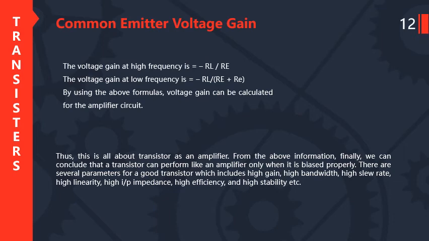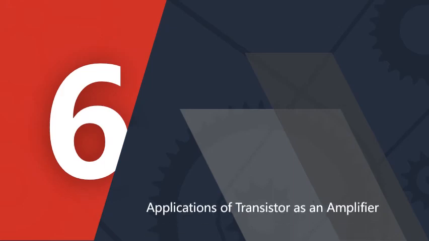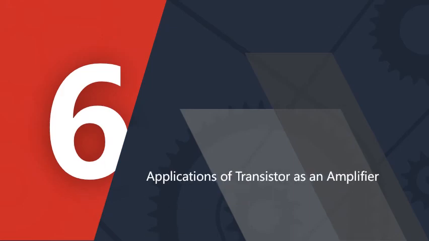There are several parameters for a good transistor, which include high gain, high bandwidth, high slew rate, high linearity, high input impedance, high efficiency and high stability, etc. So the next topic is the application of transistor as an amplifier.